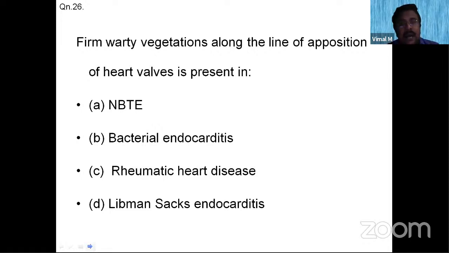So they have asked, there are vegetations in the heart, firm, warty vegetations present along the line of opposition. Such type of vegetation is seen in which conditions? All four conditions they have described will be having vegetations.